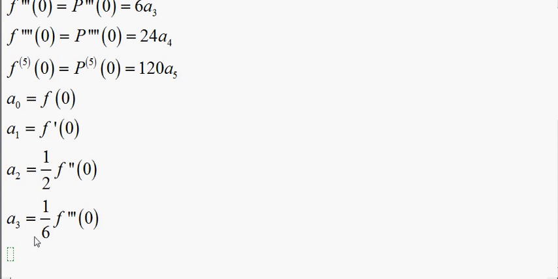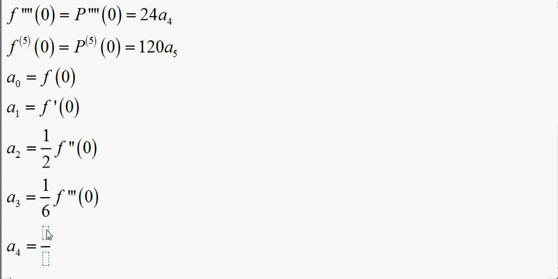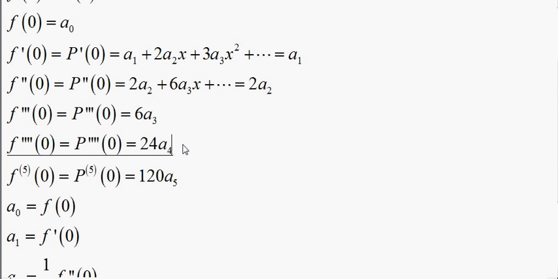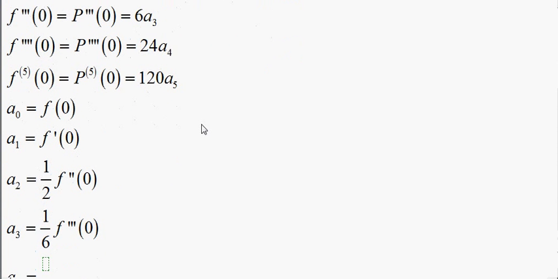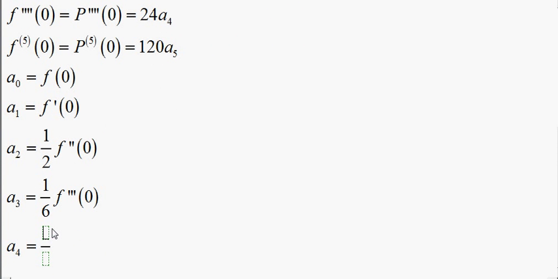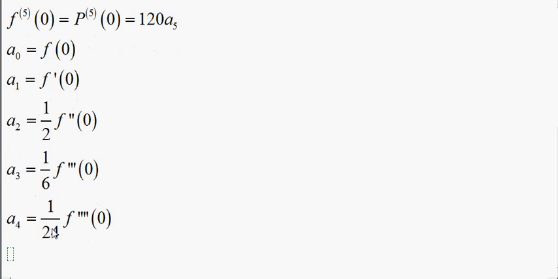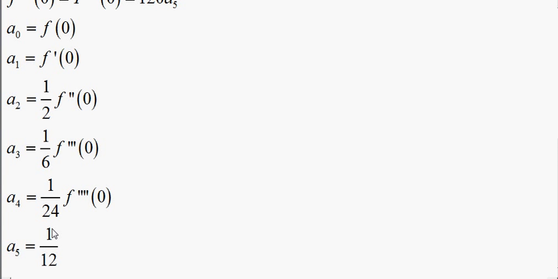Then I'm just going to write all of them, for completeness. All these are done by just taking each one of these and solving for a3, a4, a5, etc. A4 is equal to 1/24 times the fourth derivative of f at 0, and a5 is equal to 1/120 times the fifth derivative at 0.